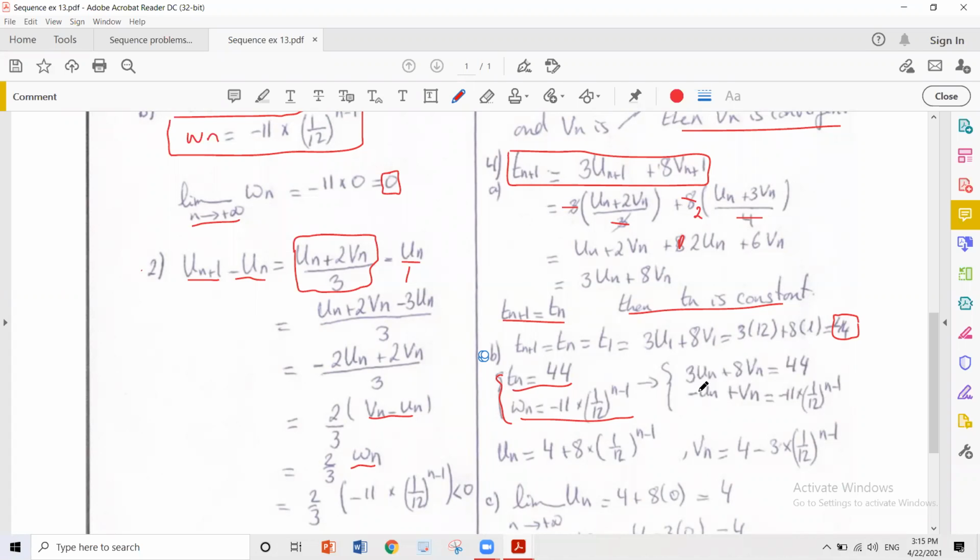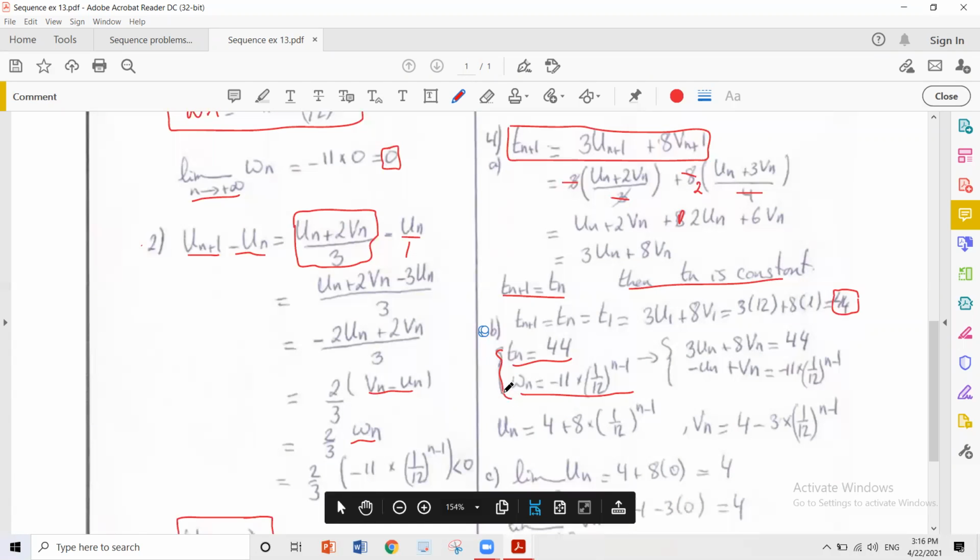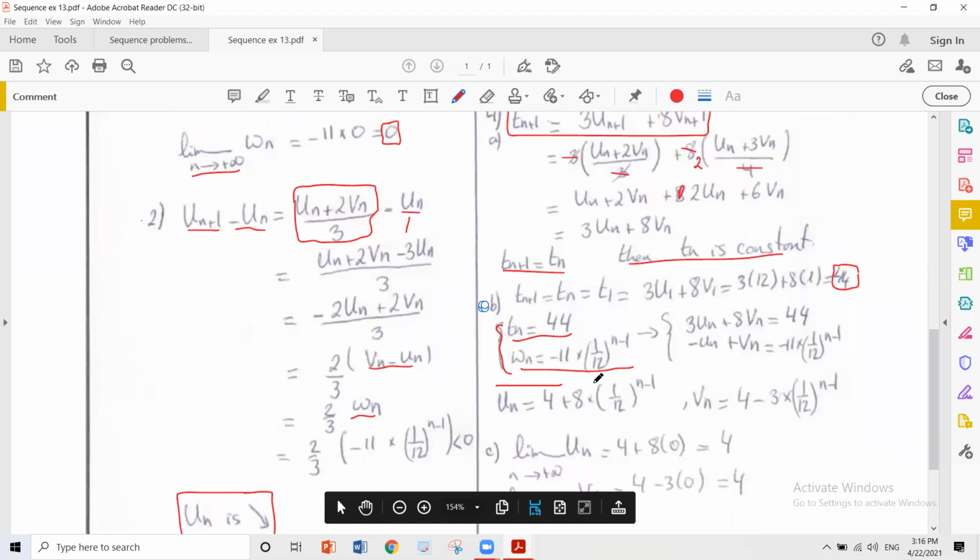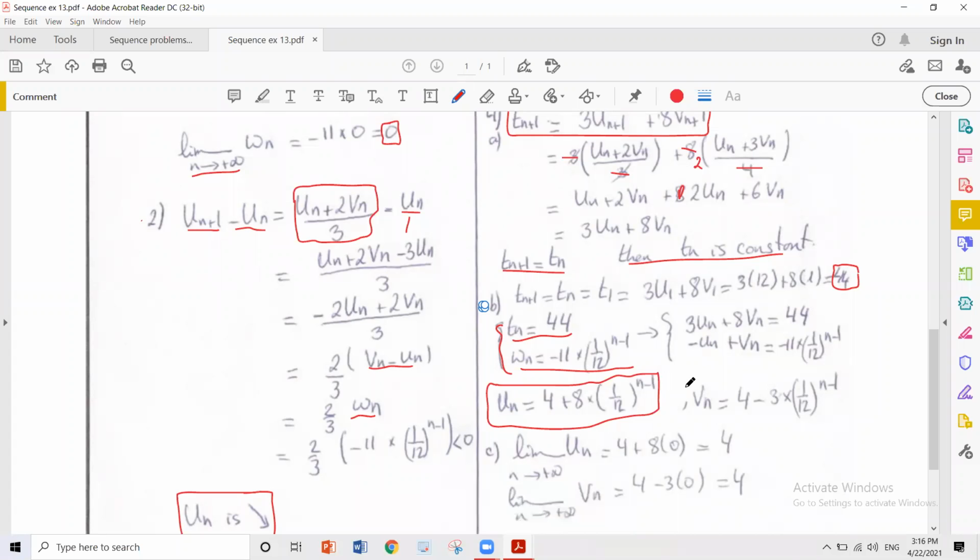Two equations, two unknowns. After solving, Un equals 4 plus 8 times 1 over 12 to the power n minus 1, and Vn equals 4 minus 3 times 1 over 12 to the power n minus 1.